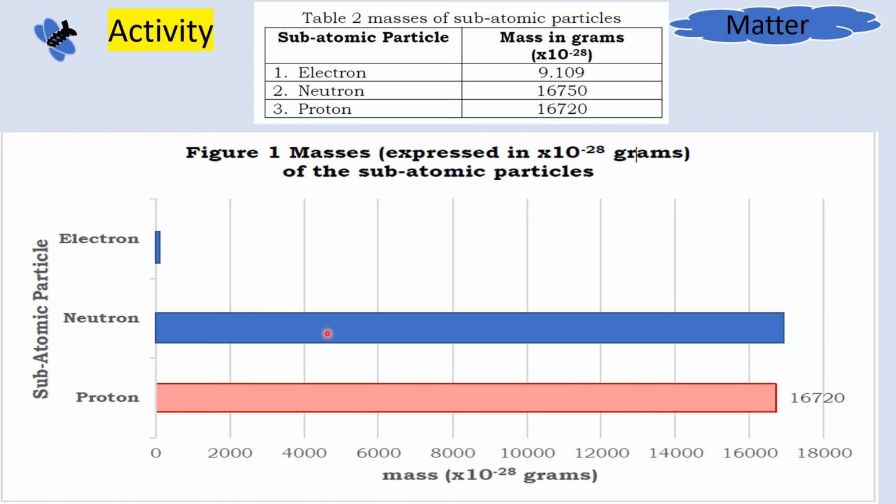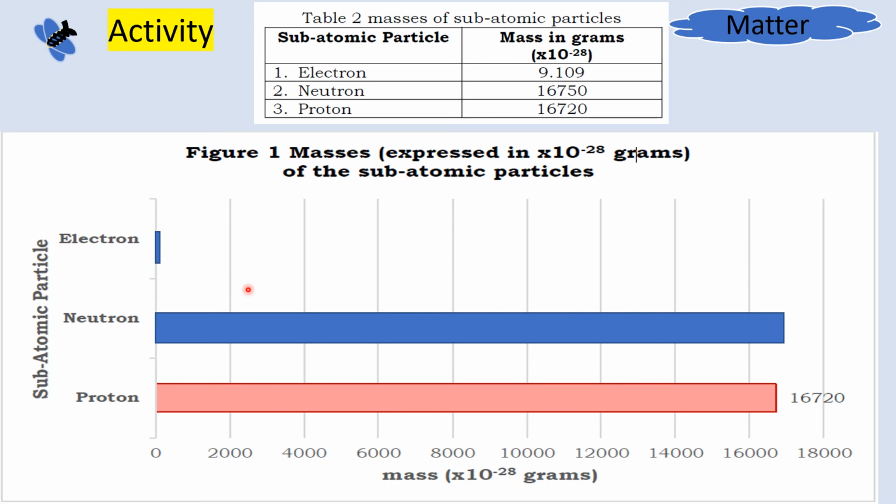For the electron, the mass is only 9.109. If this is 2,000, we'll divide this into 2,000 and you will get about 10 here.